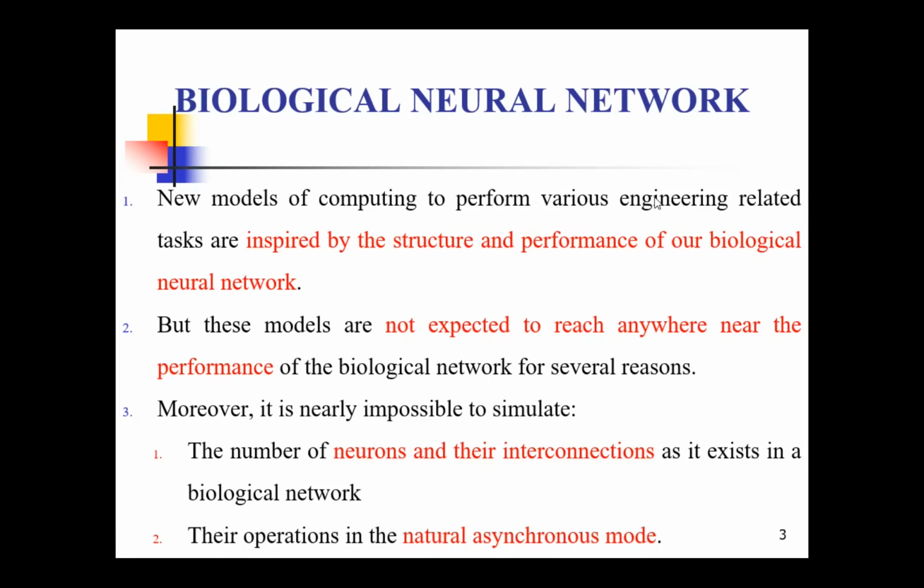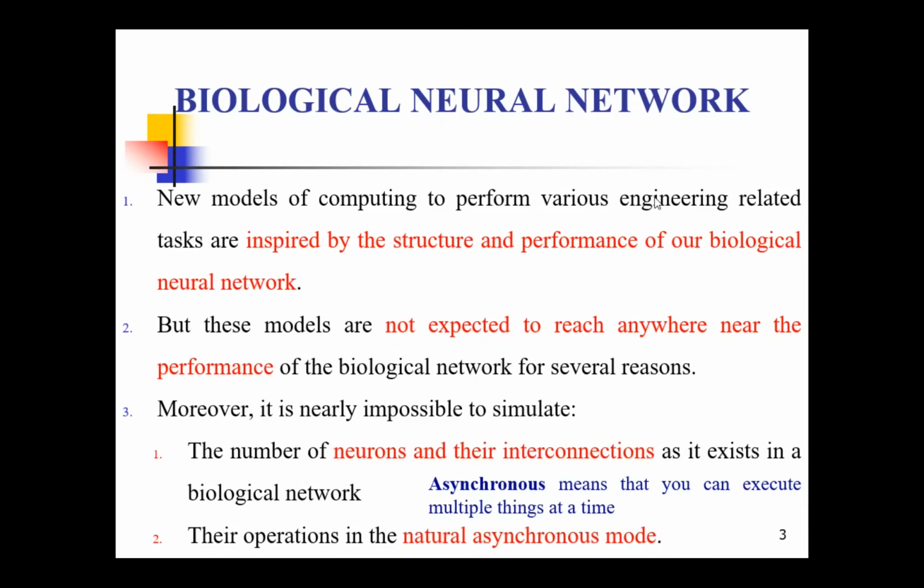Secondly, the operation of the biological neurons is naturally asynchronous in nature. So what is meant by asynchronous? Asynchronous is nothing but executing multiple tasks at a time. Simultaneously, I am going to perform multiple tasks. As humans, we can do multiple tasks at the same time.